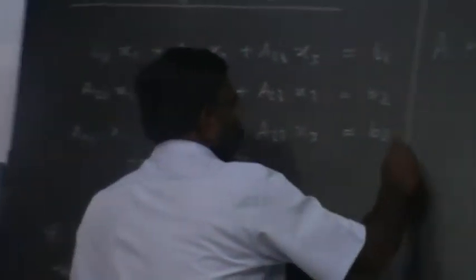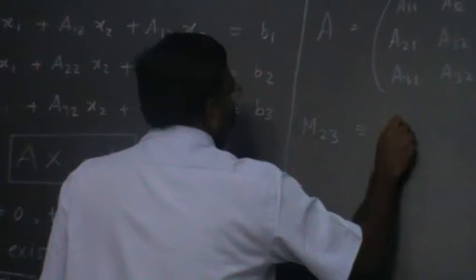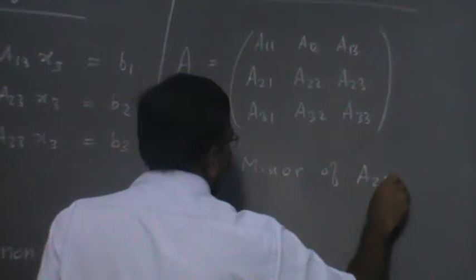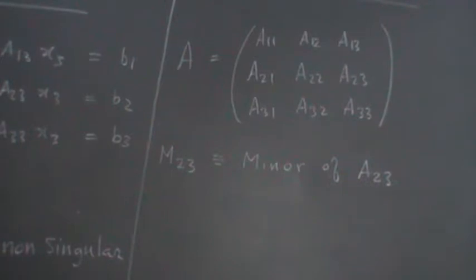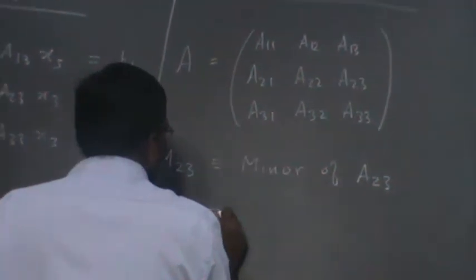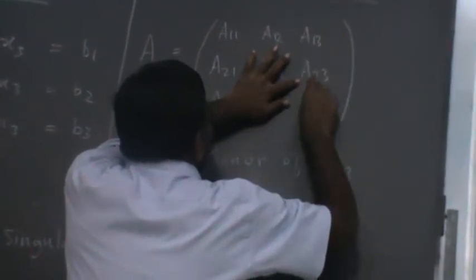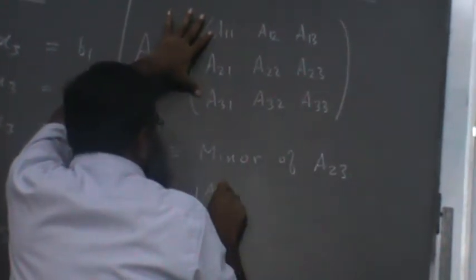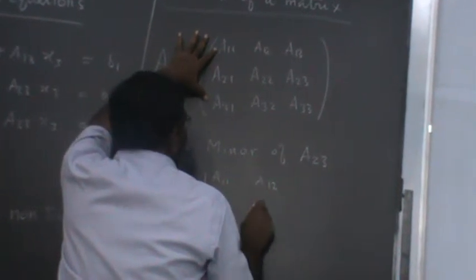Then you can define M23 as the minor of A23. What is a minor? Minor is a determinant: A23 is this, so delete this column and this row. Whatever is remaining is the determinant of those quantities: A11, A12, A31, A32.